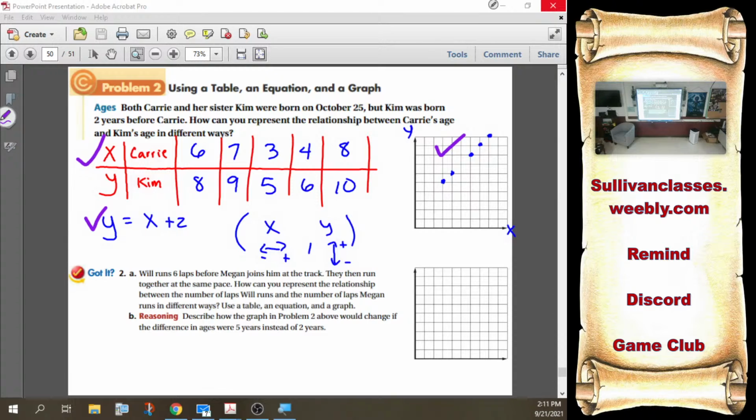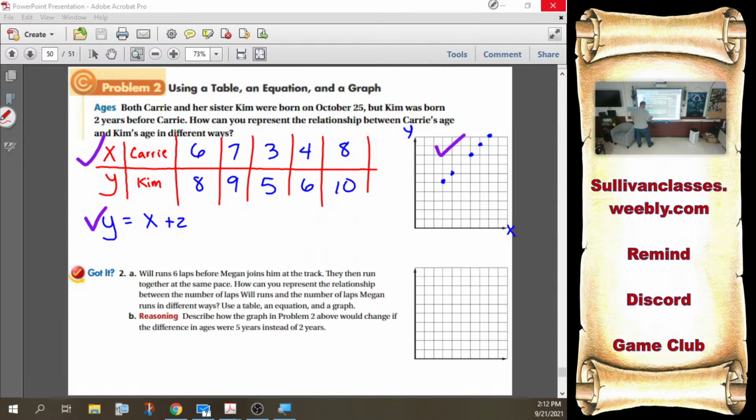You got to match them. Could you find the table that went with the equation? Could you find the equation that went with the graph? You got to do a little bit of problem solving, a little bit of reasoning.